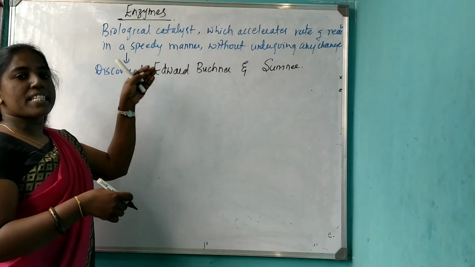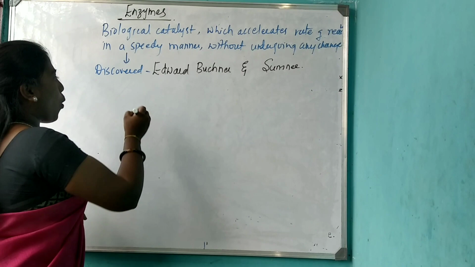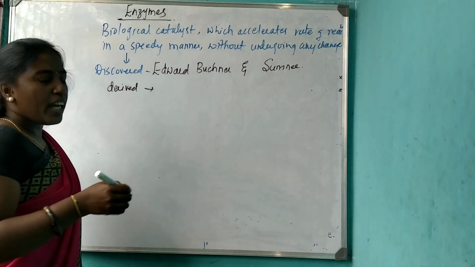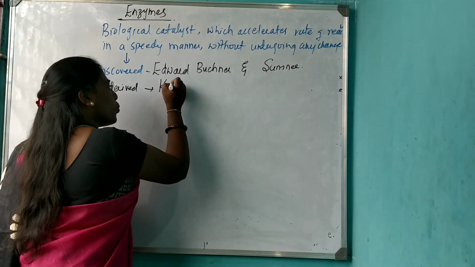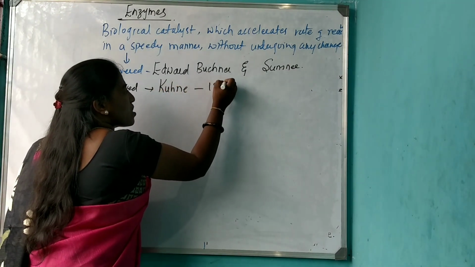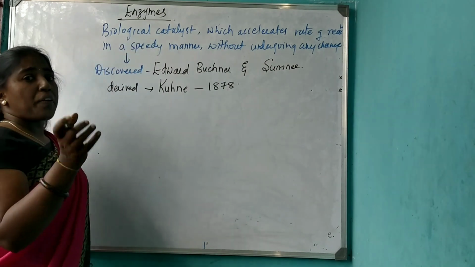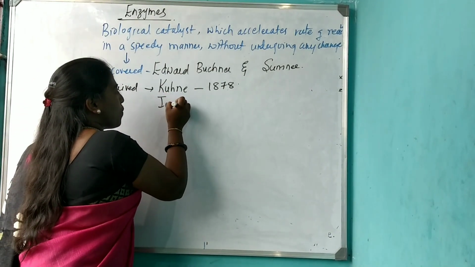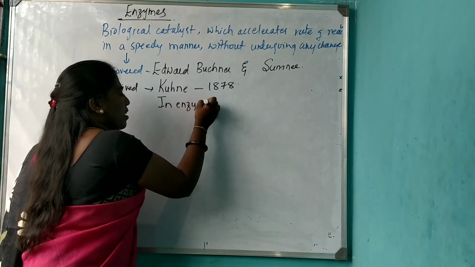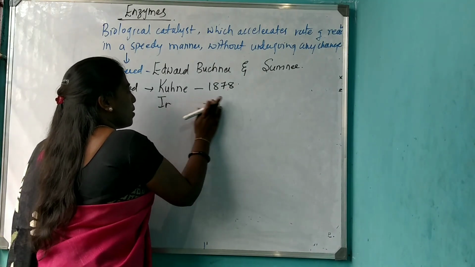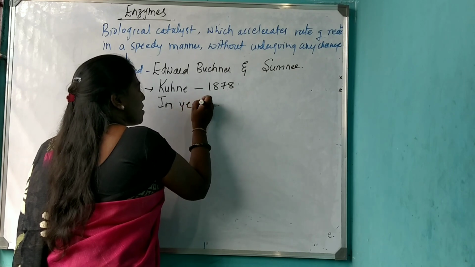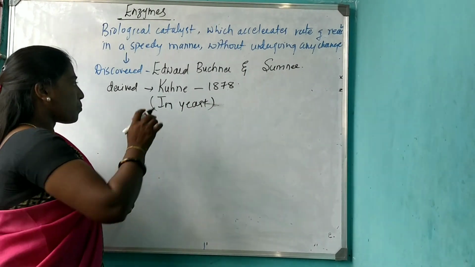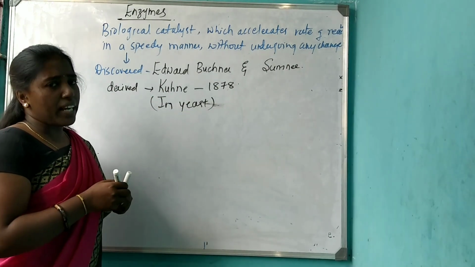And the term enzyme was coined by Kuhne in 1878. The meaning of enzyme is 'in yeast', as they were discovered in yeast. So this is regarding the introduction of enzymes.